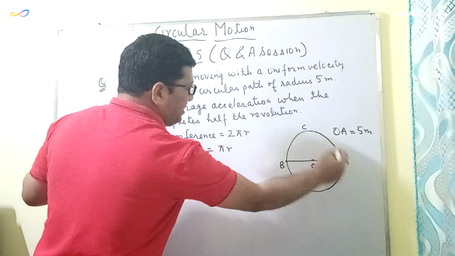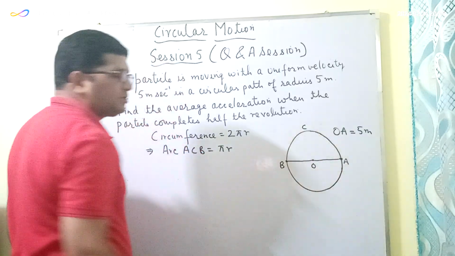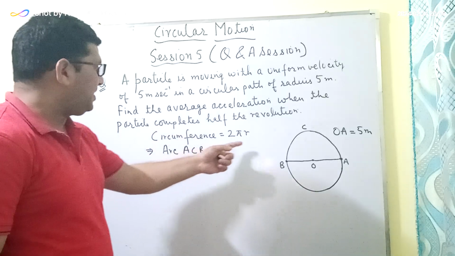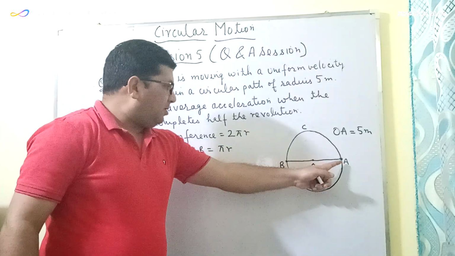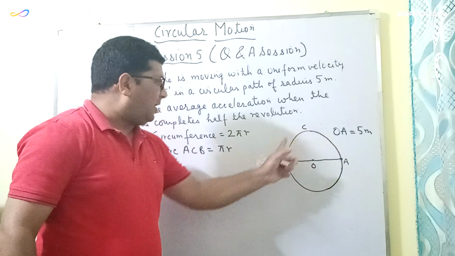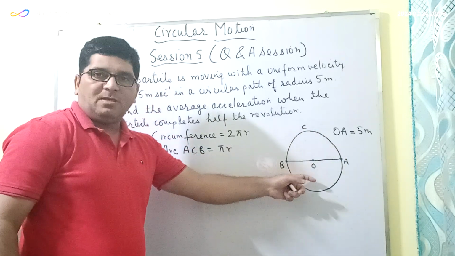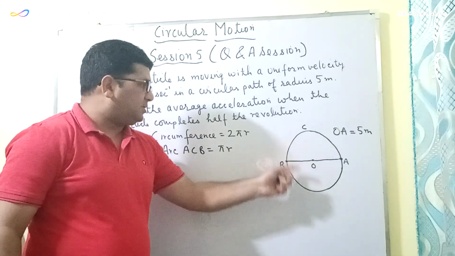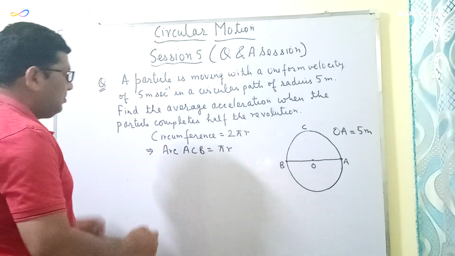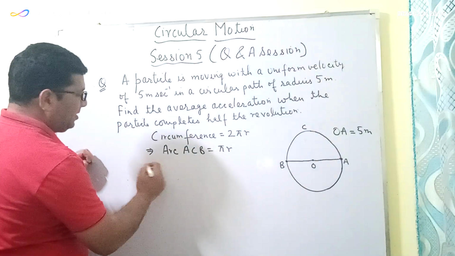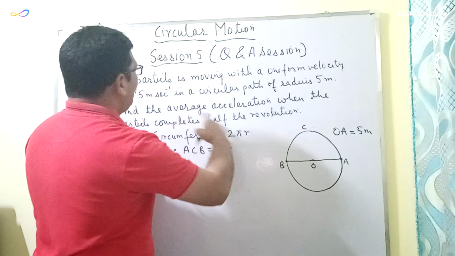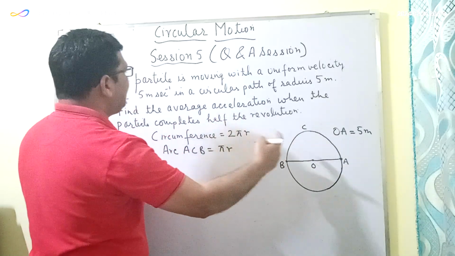The circumference of this circular path is 2 pi r, so the length of this arc ACB, which is half the circle, will be equal to pi r.